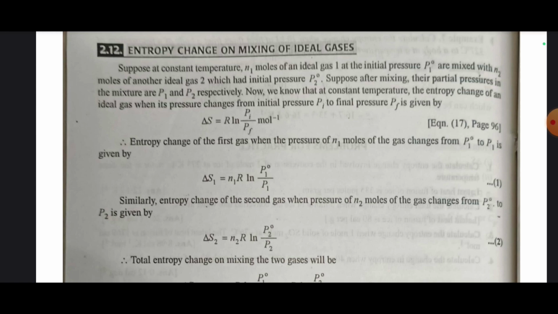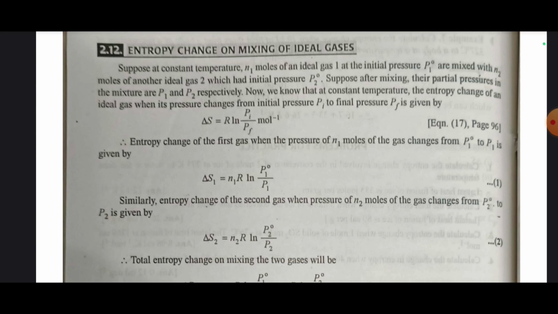Now we know that at constant temperature, the entropy change of an ideal gas when its pressure changes from initial pressure Pi to final pressure Pf is given by delta S is equal to R into ln of Pi by Pf per mole.